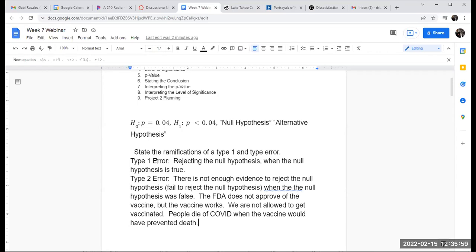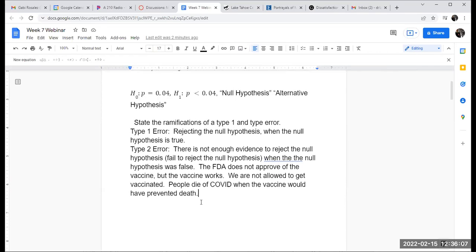Any questions at all on type 1 and type 2 error? Any questions? Okay, so I want to tell you the next step. The next step is the hardest step. What's the next step?